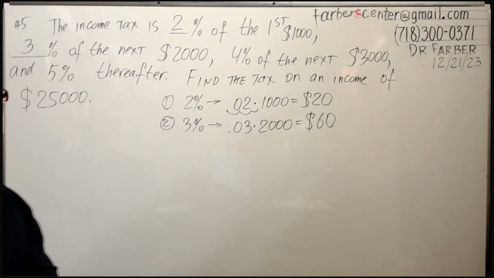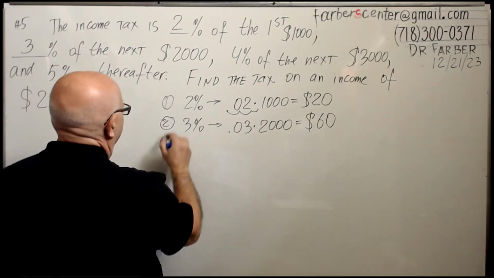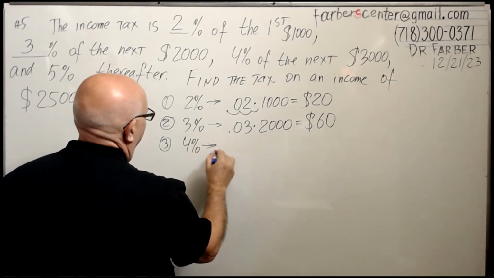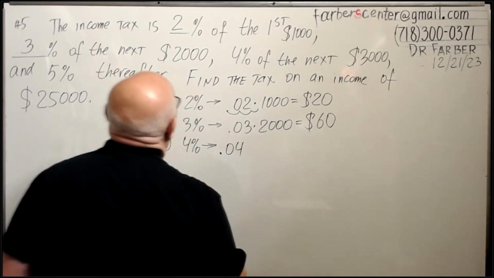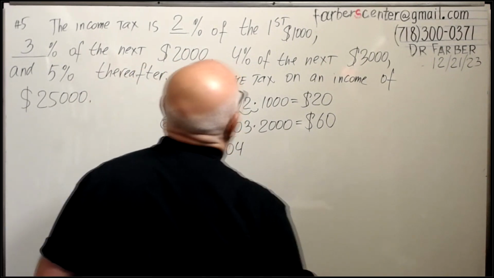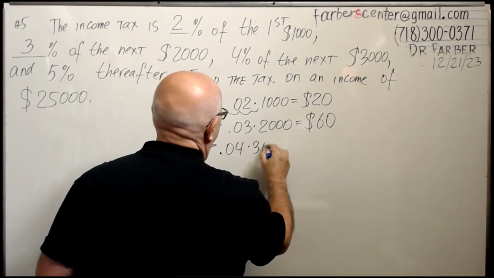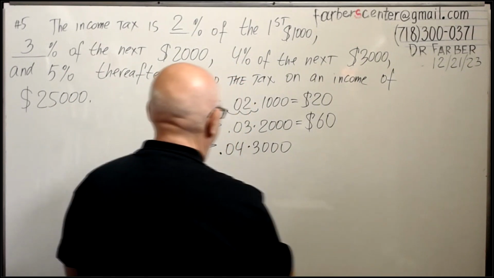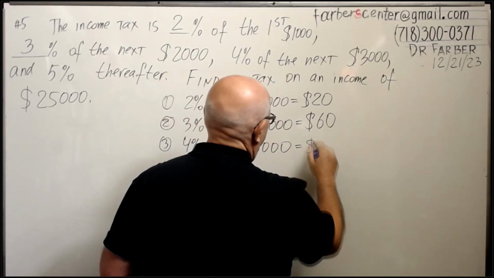The next step, 4%. This is 0.04 of what? Of the next $3,000. 4 times 3 is 12, and move to the right, it will be what? $120.